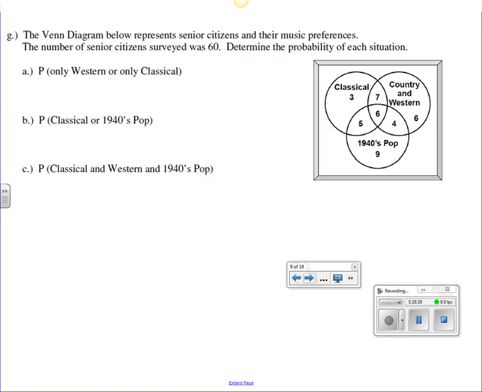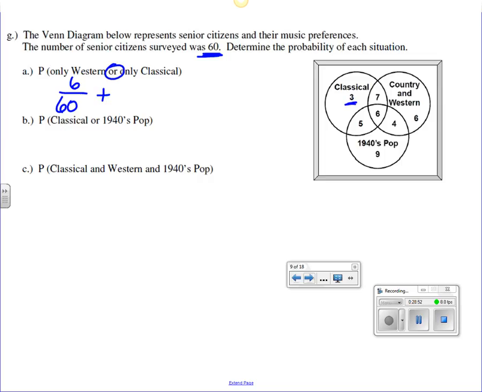So the probability of only Western, how many people like only Western? 6. Out of how many? What? 60. It says it right here. 60 total. Or means to add. How many people like only classical? 3.